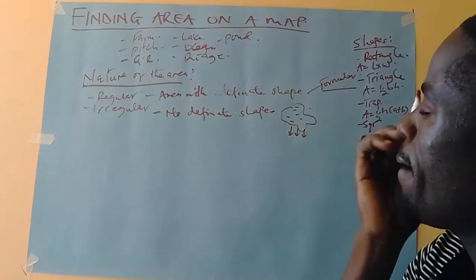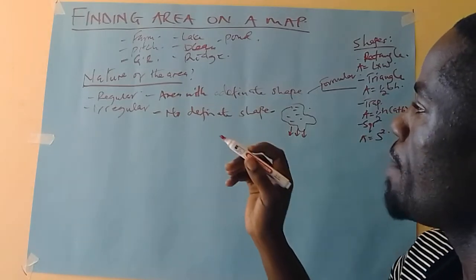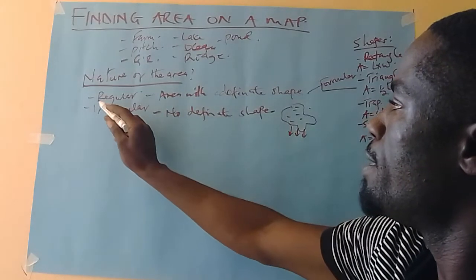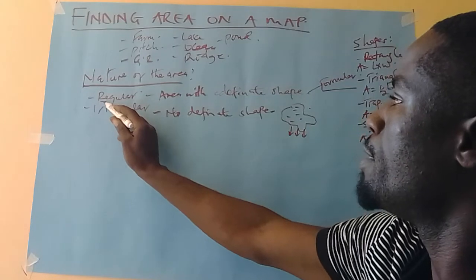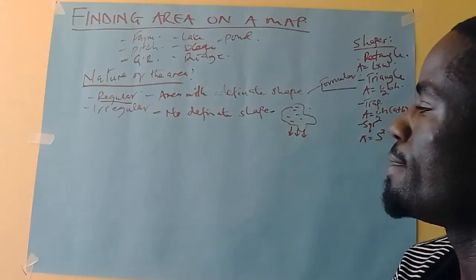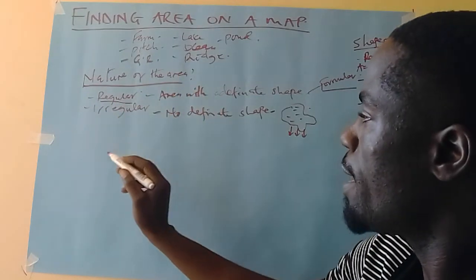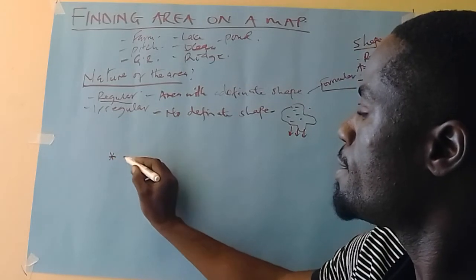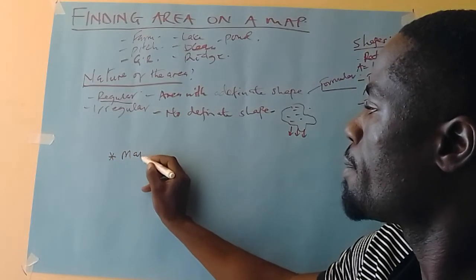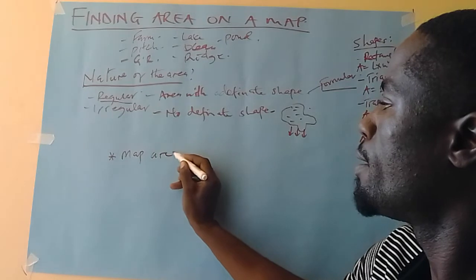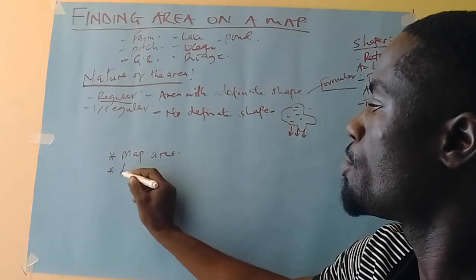So with an area, what should come into your mind after determining the nature of the area is that we have two things here. There is map area, and there is actual ground area.